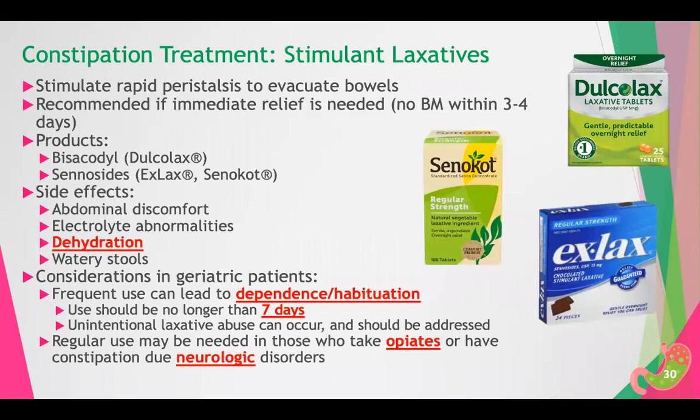And then we have our stimulant laxatives. These stimulate rapid peristalsis to evacuate the bowels. And these are also recommended if immediate relief is needed, meaning they've not had a bowel movement within 3 to 4 days. And we have our bisacodyl and our senosides. With these, they can cause a lot of abdominal discomfort and electrolyte abnormalities, especially if an individual is not drinking enough fluids.